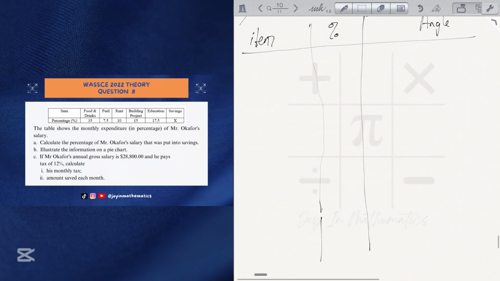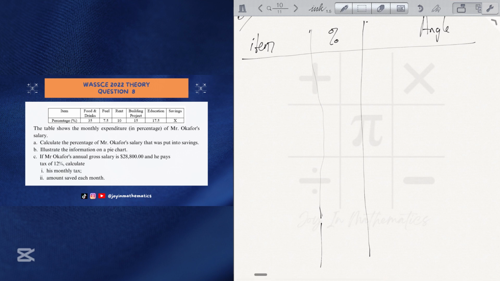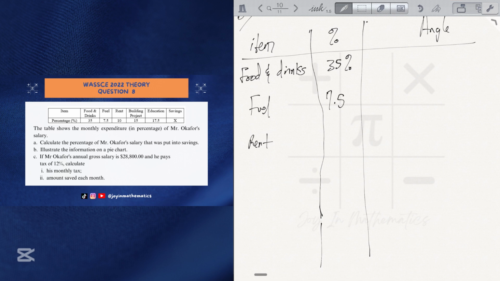Let's begin with item number 1, which is food and drinks, taking 35%. Fuel follows, taking 7.5%. We have rent taking 10%. We have building projects, taking 15%, which is a good percentage.